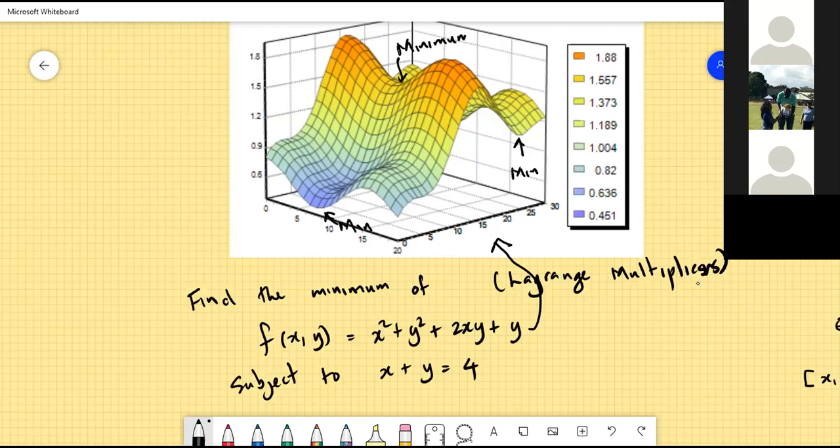Now, the constraint says, what is the minimum of this function? And you're going to draw a line. And that line, I'm just doing this for argument's sake, is this line here: x plus y equals 4. So what is the minimum value of the function on this line?